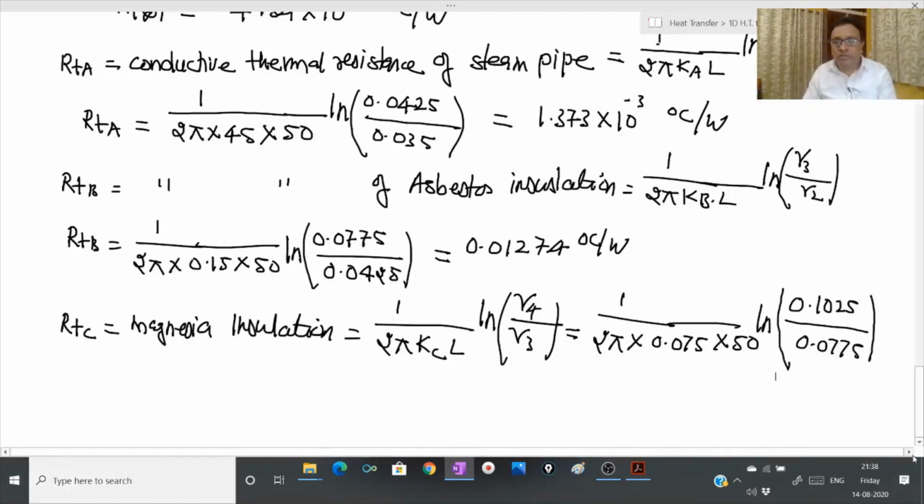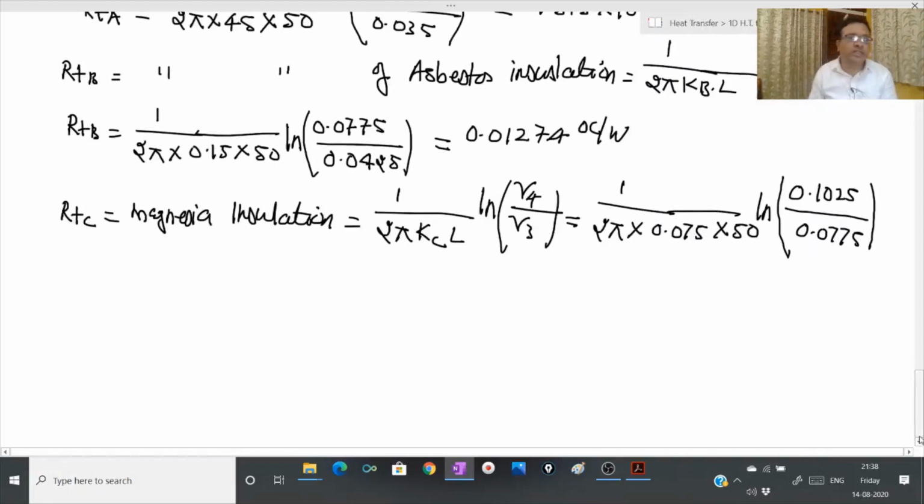Solving this will give me the value of RTC, and this comes out RTC as 0.1187 degrees Celsius per watt.